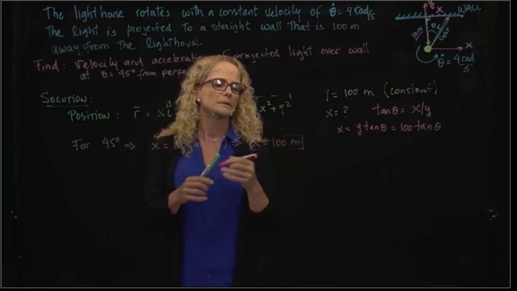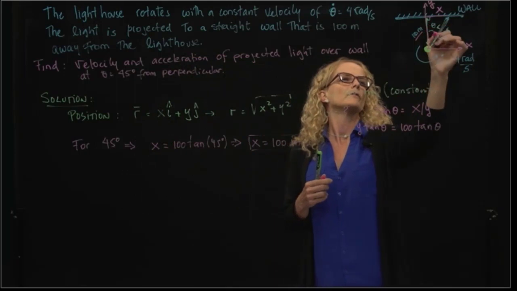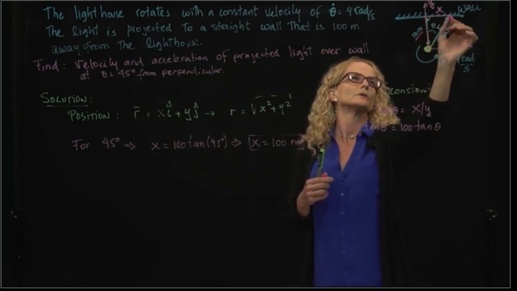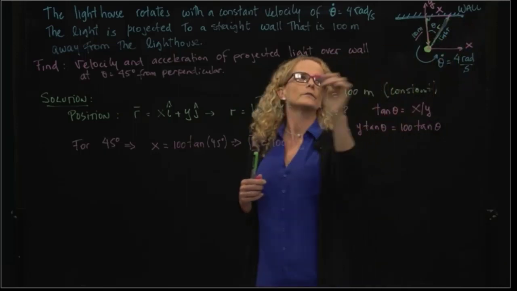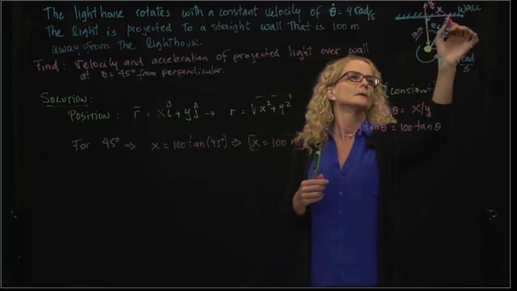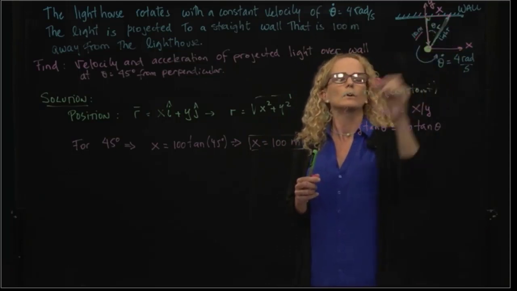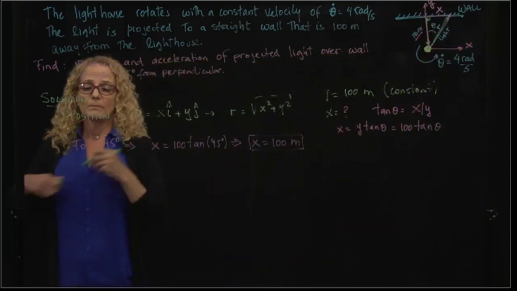Which makes sense because if we have 45 degrees here and we have 100 meters here, then we have 100 meters here. So for 45 degrees, our light is projected right here, 100 meters from our y-axis. Let's talk now about our velocity.